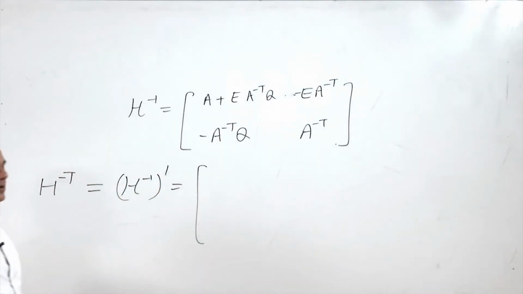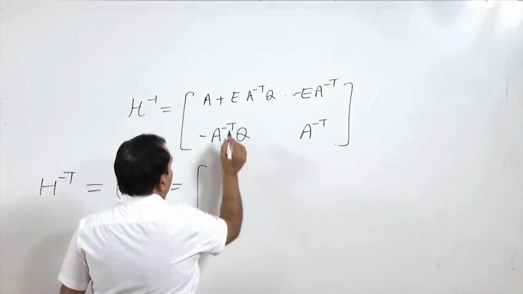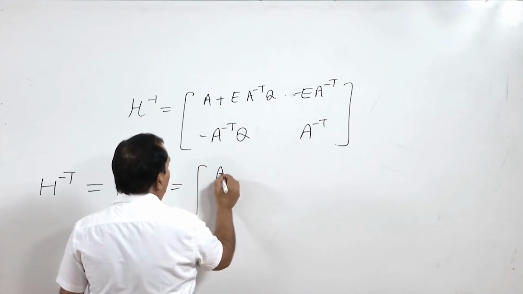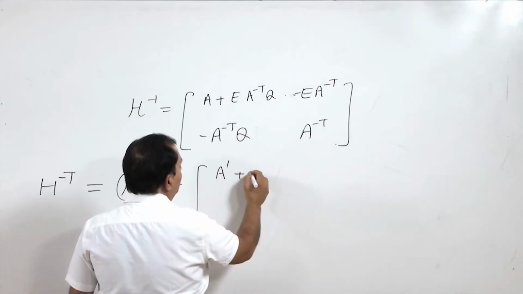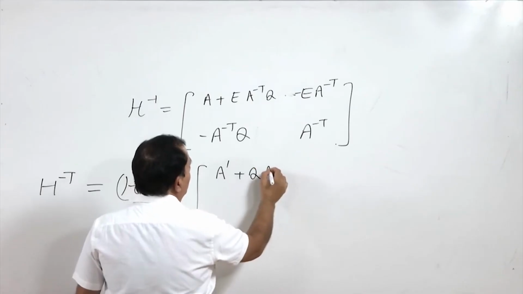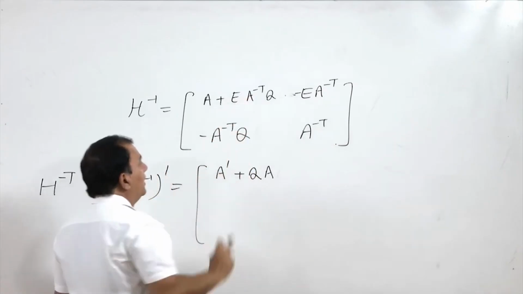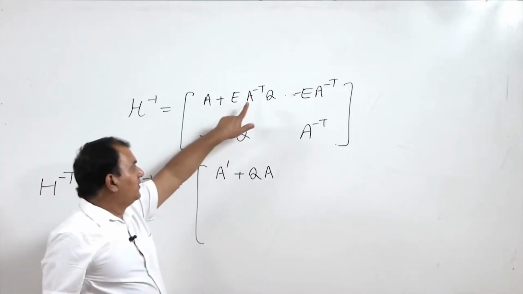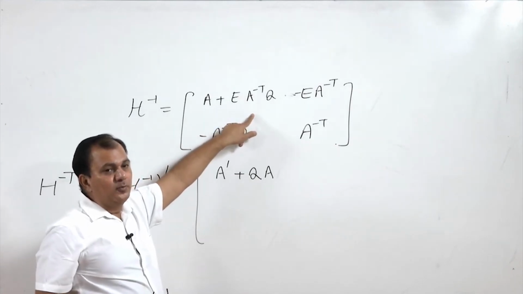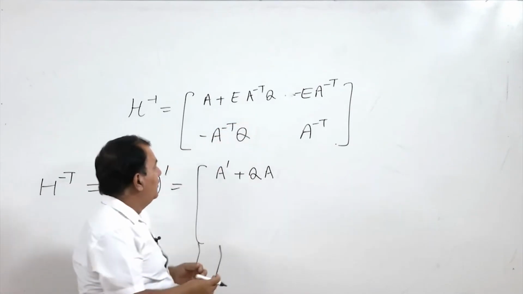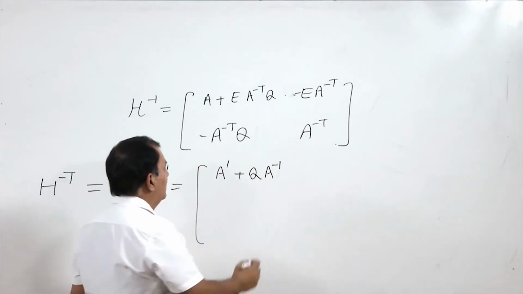Transpose of the first element: A transpose plus Q transpose, remains Q. Transpose of A to the power minus T is the inverse of A transpose, so again it is nothing but A inverse.